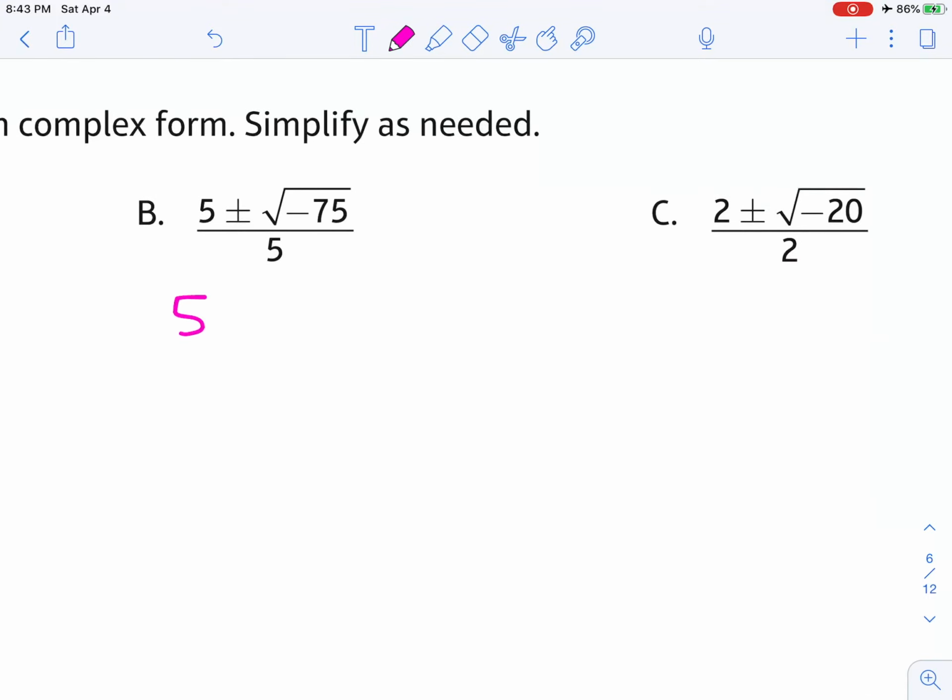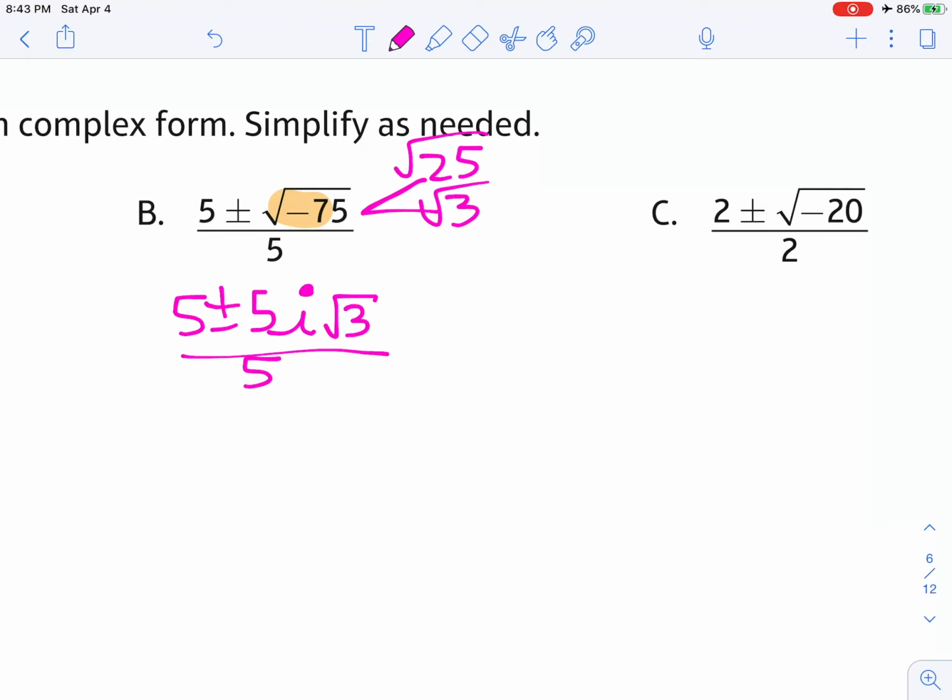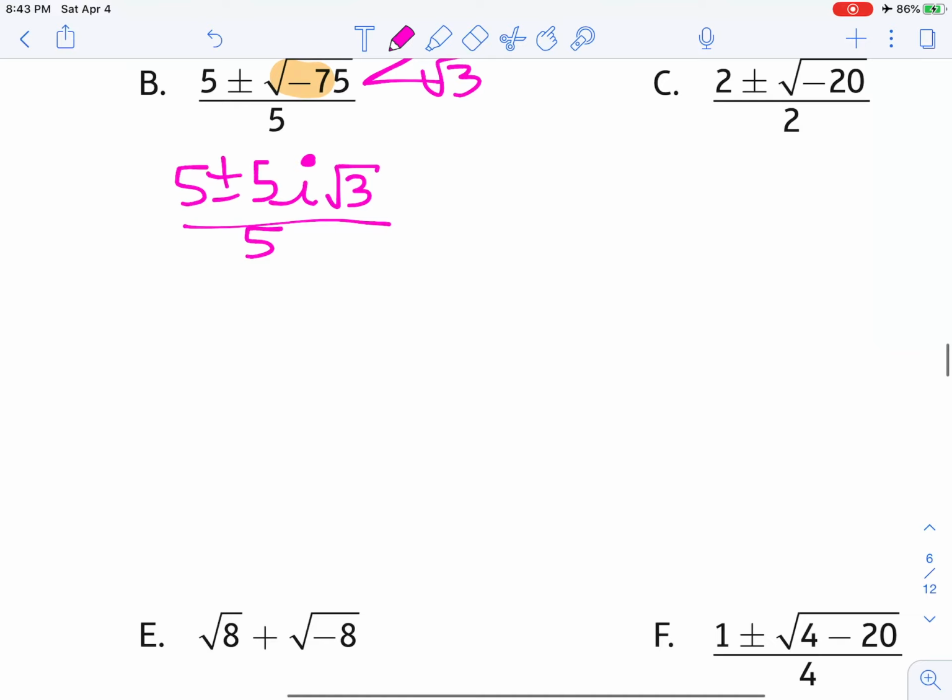This next one, 5 plus or minus, we already know it's going to have an I because it's negative right here. It's negative. This is the same thing as 25 times 3. So 5I radical 3 over 5.